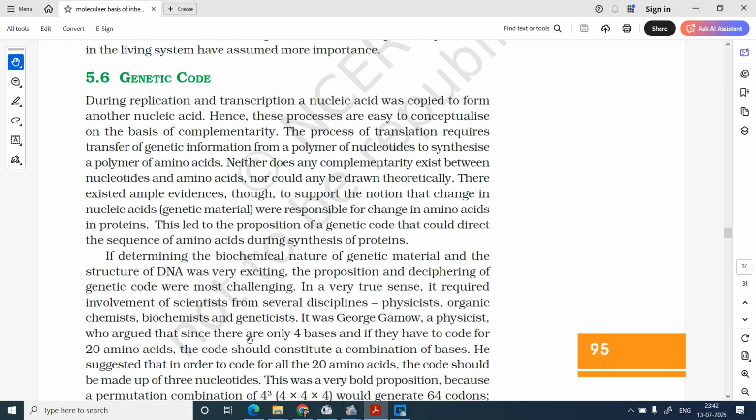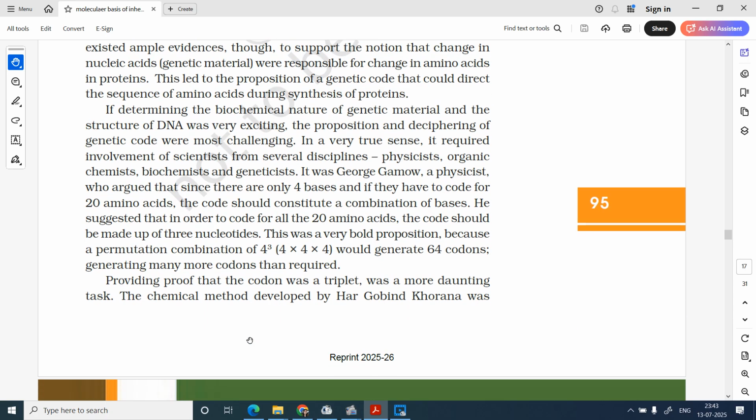In a very true sense, it required involvement of scientists from several disciplines: physicists, organic chemists, biochemists, and geneticists. It was George Gamow, a physicist, who argued that since there are only four bases, and if they have to code for 20 amino acids, the code should constitute a combination of bases.